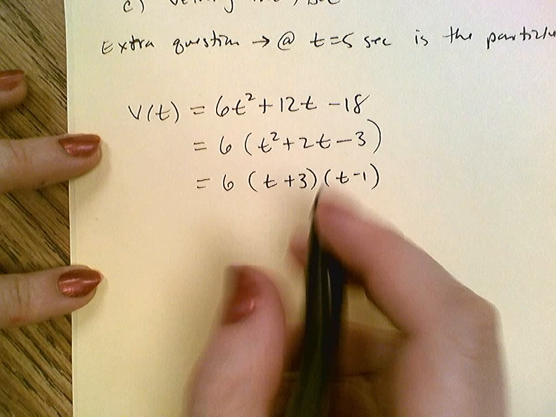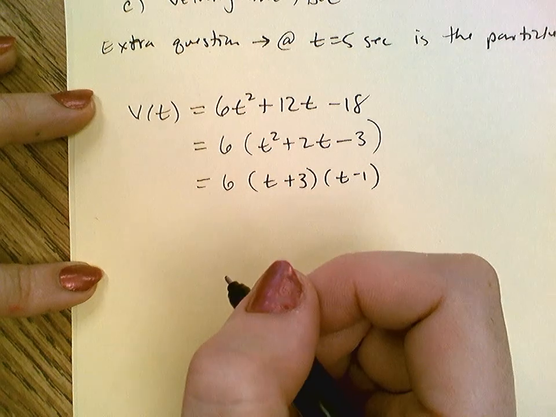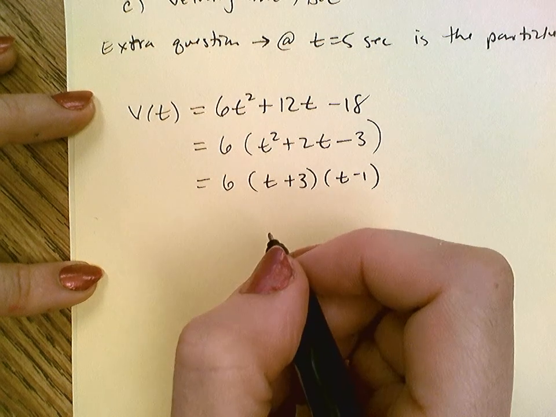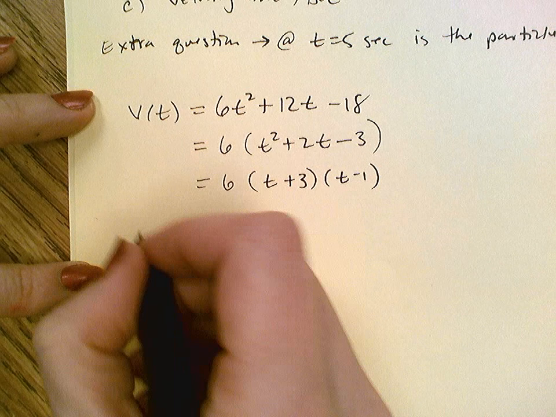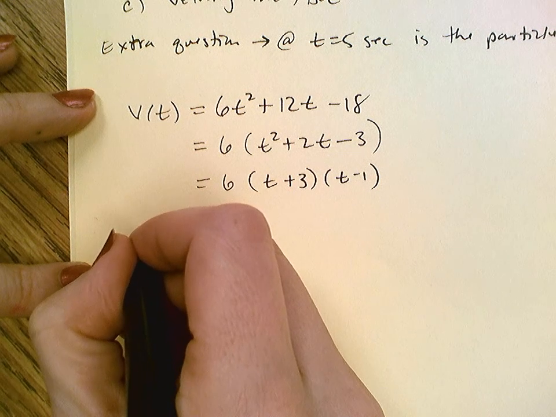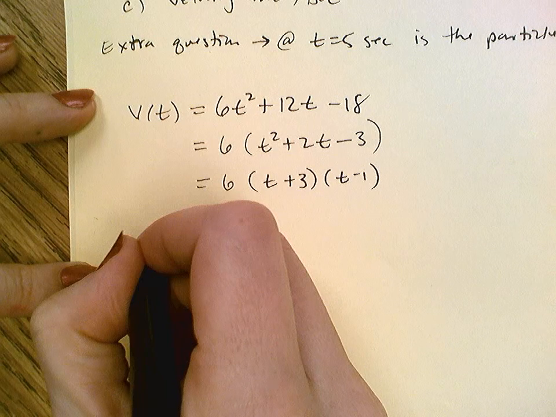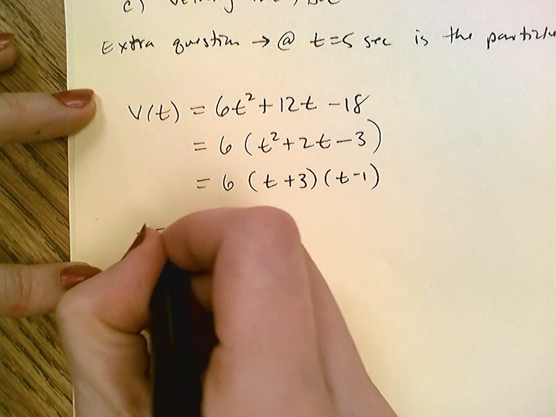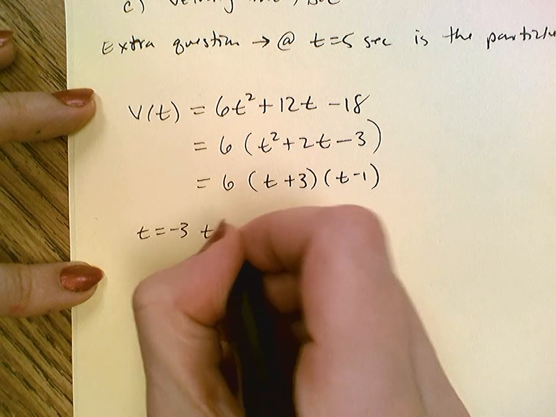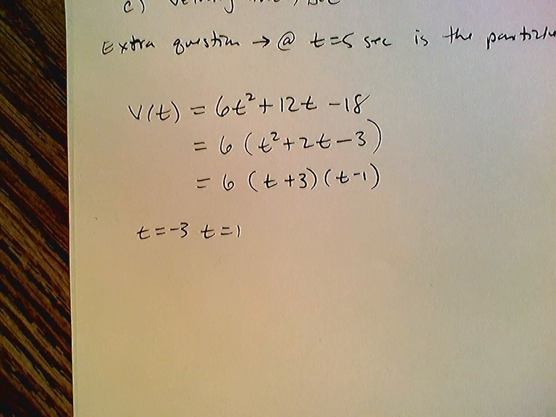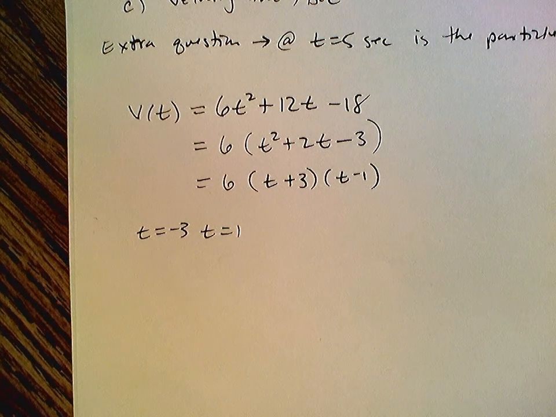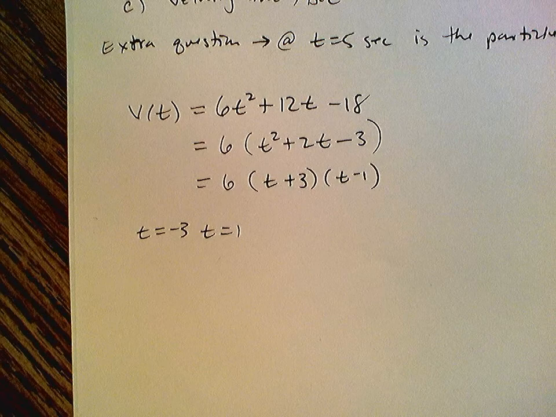Okay, so that's the factored form of the velocity function. And then it's going to be 0 when t equals -3, t equals 1. But, guys, we don't really have negative time. We don't think about negative time.